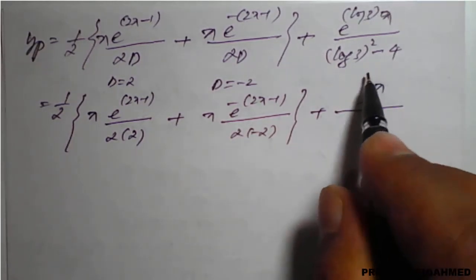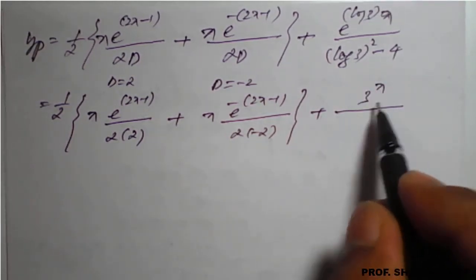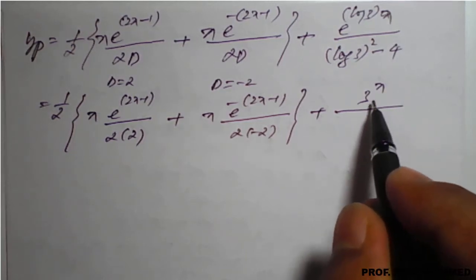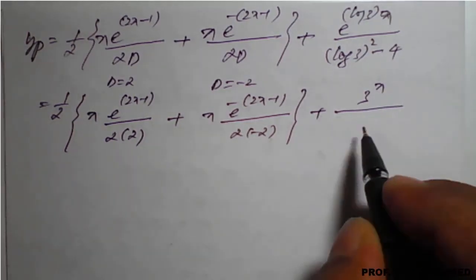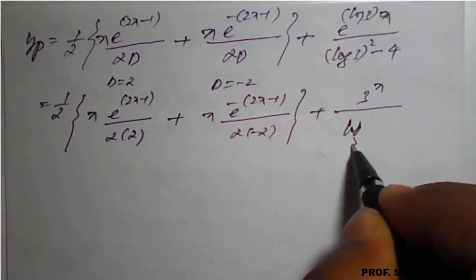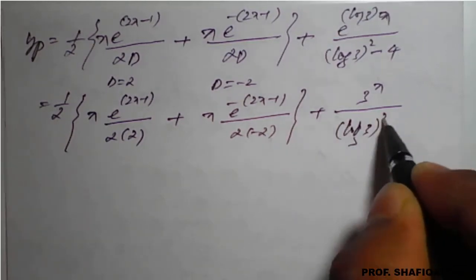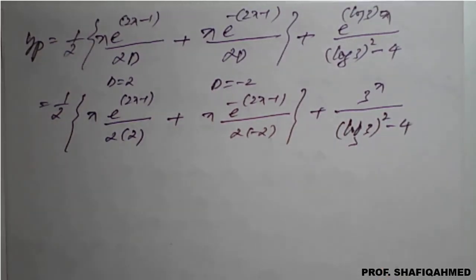Already we have taken the value of d, so again we can set the formula as it is, and this log of 3 raised to 2 minus 4.